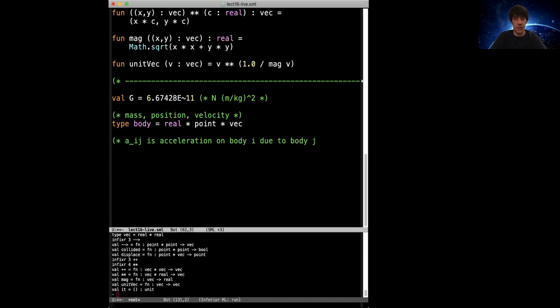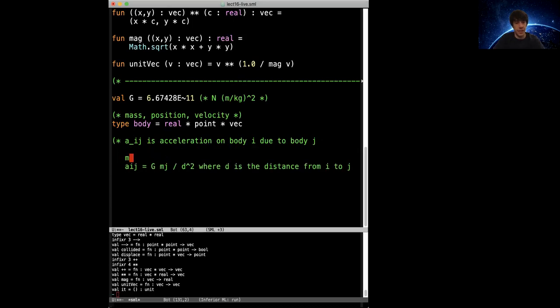And we said that the formula is that a_ij is equal to G times m_j divided by d squared, where d is the distance from i to j.